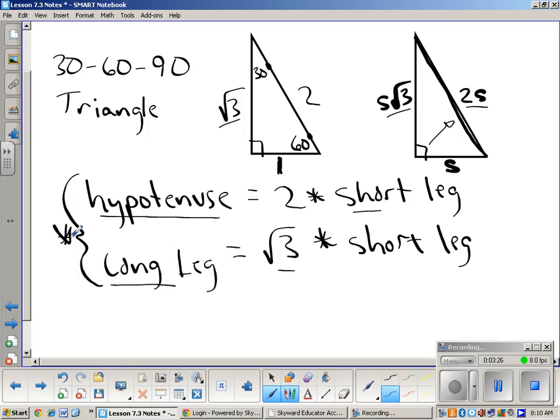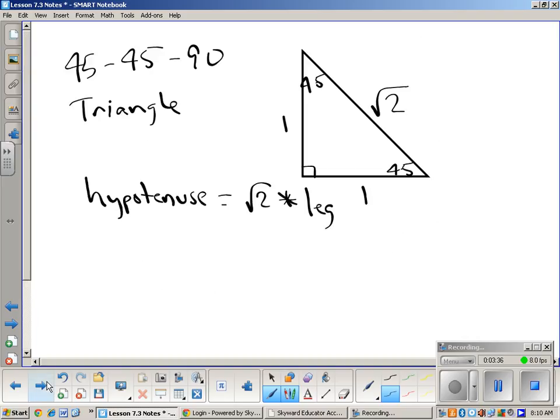Sometimes just by looking at it, sometimes with a simple division, and you have what you need, okay? Again, we're going to do some examples that will hopefully help you make more sense of this. Let's move on to 45, 45, 90, and I'll pause while you copy that down.